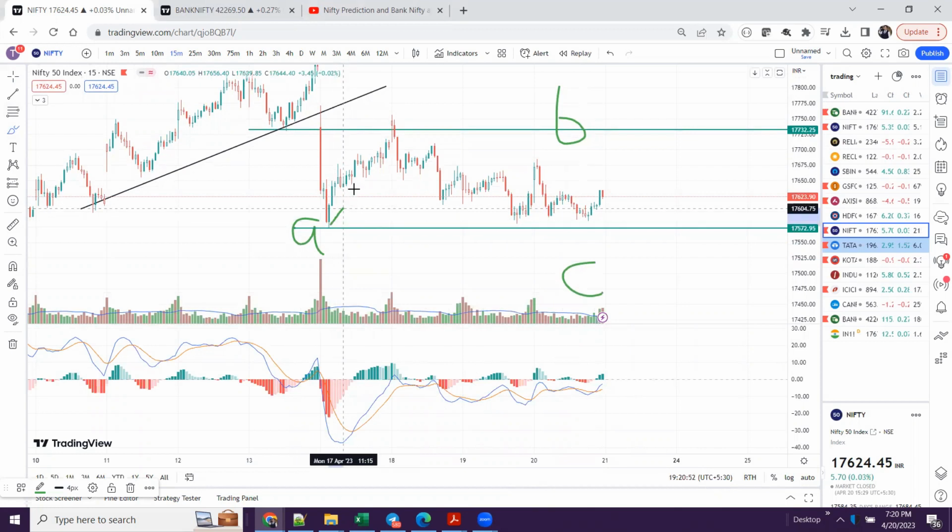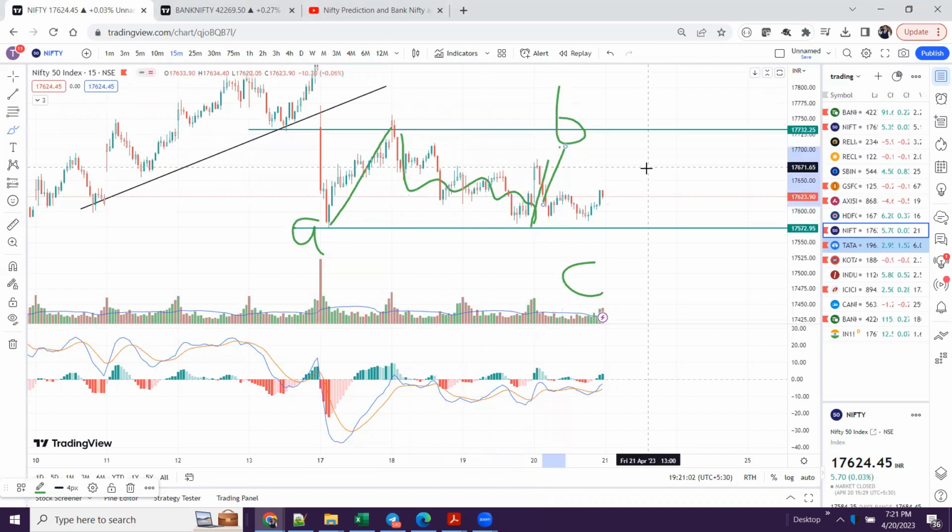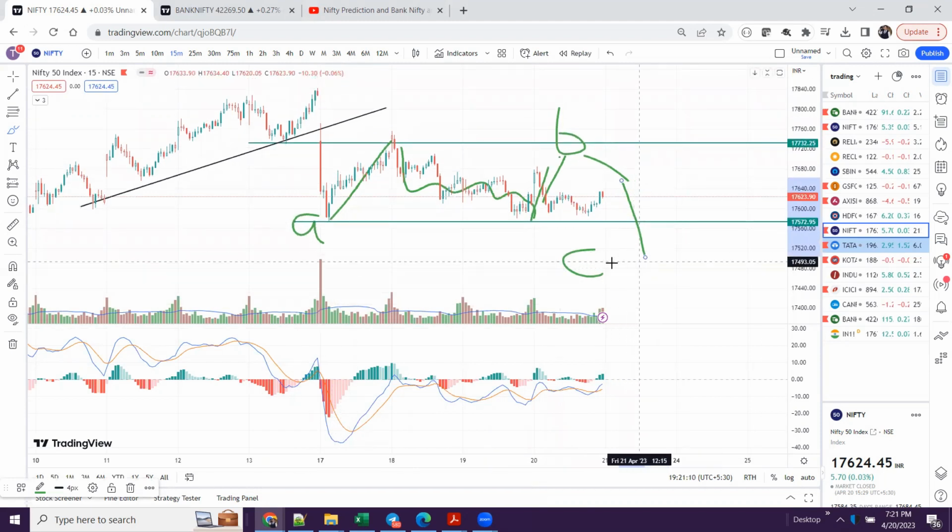In this case, you can see this is the first wave of B, this is second wave, and probably we are getting the third wave. So if we get any upside and then a selling setup, then one more fall can come to break this point. At this point, we need to observe the price action here and check the divergence on chart.